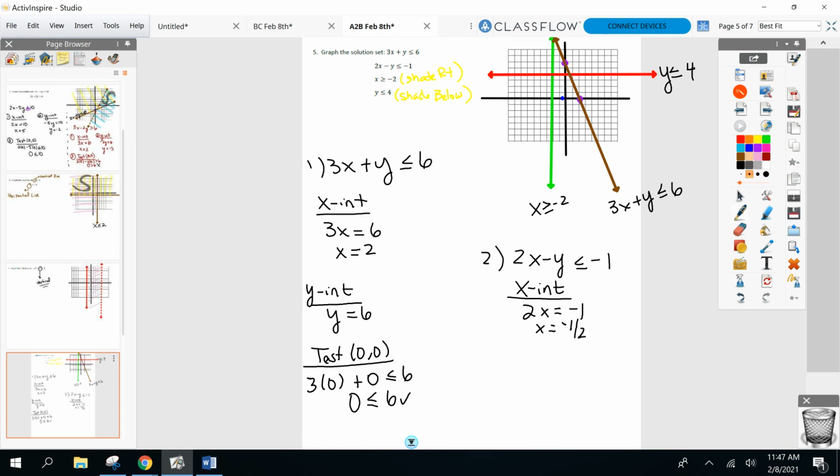That's why. And now your y-intercept, not bad. Be careful of the negative sign. You're going to have -y equal to -1. Y equals +1. So let's graph y equals +1.